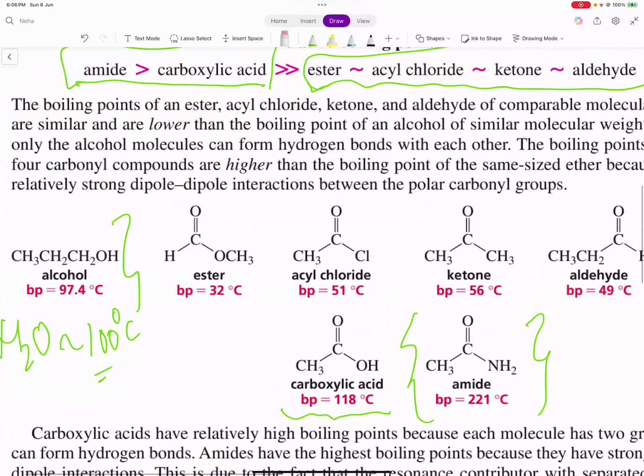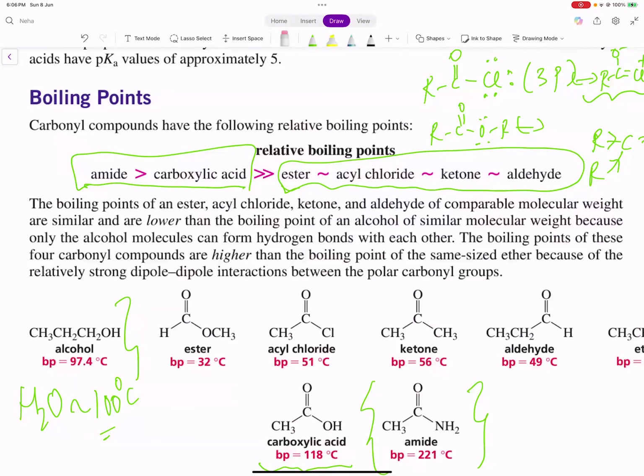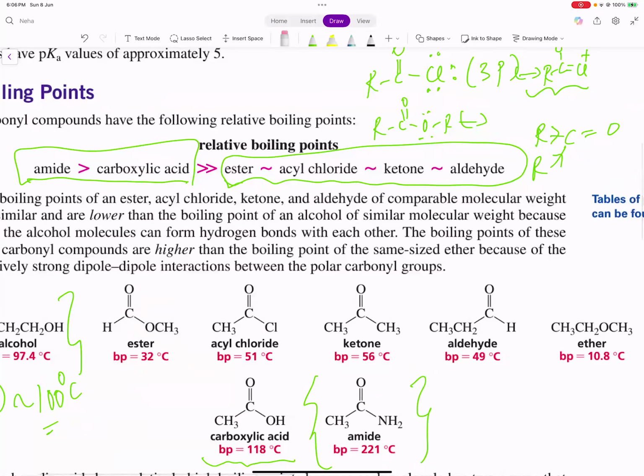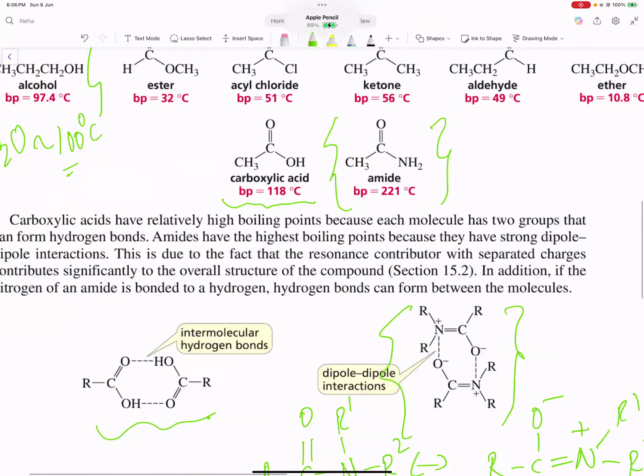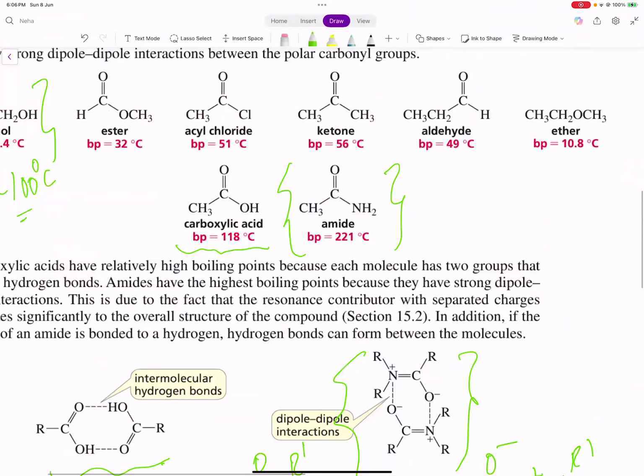Ketone and aldehyde, ketone is going to win just because of the R group only, right? Because the aldehyde will have a smaller hydrogen, so we'll beat it there only. So ketone is higher. So these were the boiling points.